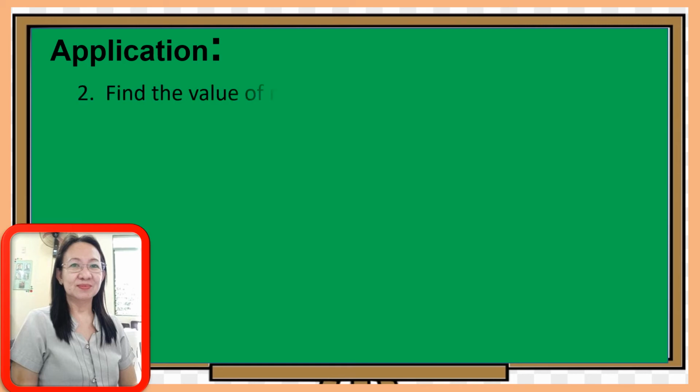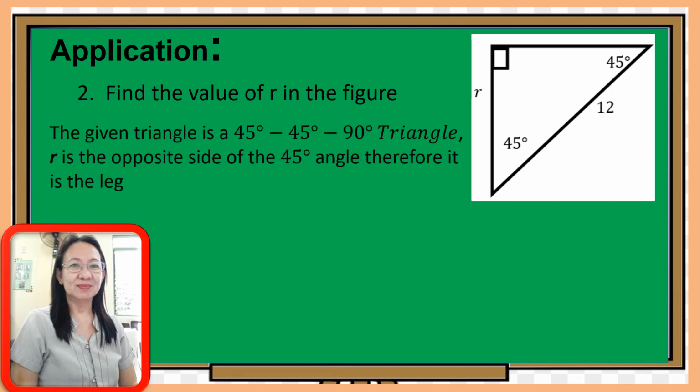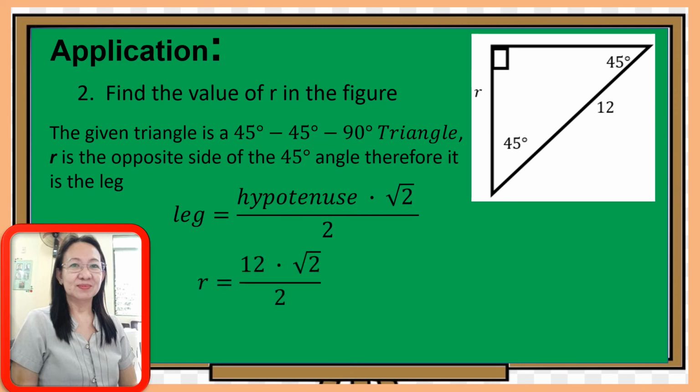Another application is, find the value of r in the figure. Observe that we have also a 45, 45, 90 triangle. And r is the opposite side of the 45 degree angle, therefore it is the leg. So what formula are we going to use? Leg is equal to the hypotenuse times the square root of 2 over 2.